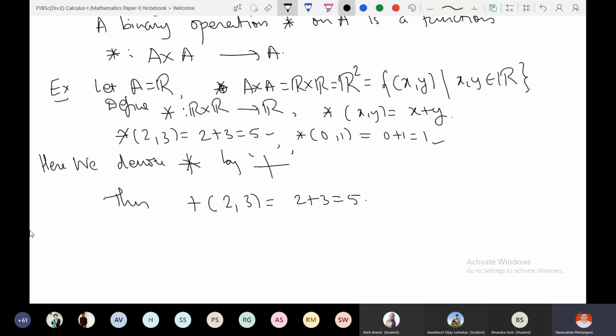This is a logical fact. Is it clear? Yes, sir. Very good. And therefore usual addition of numbers is a binary operation.